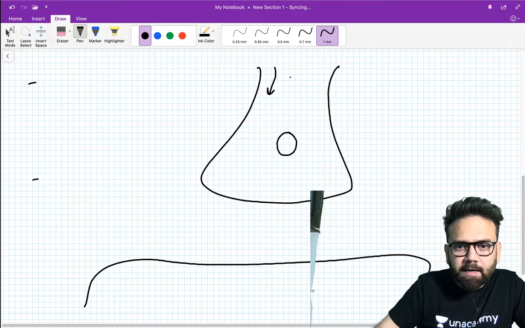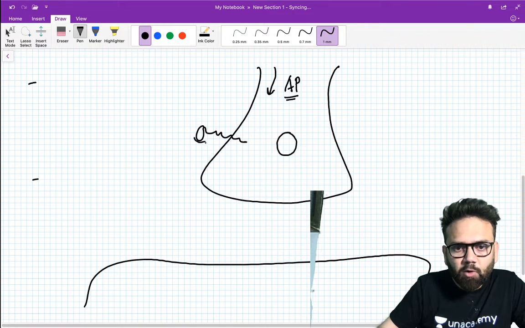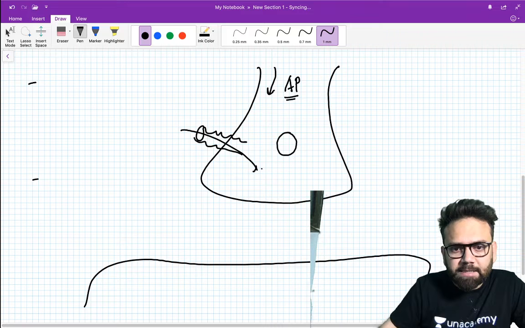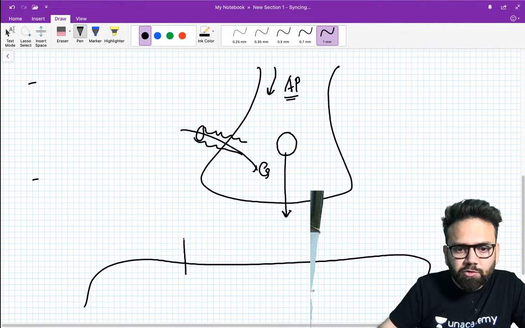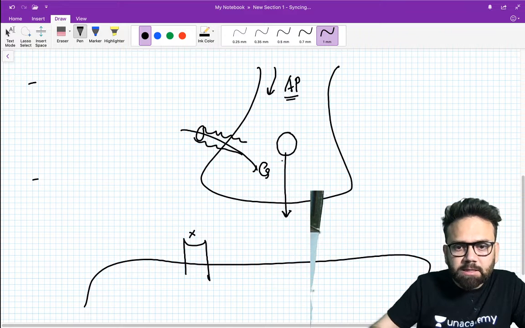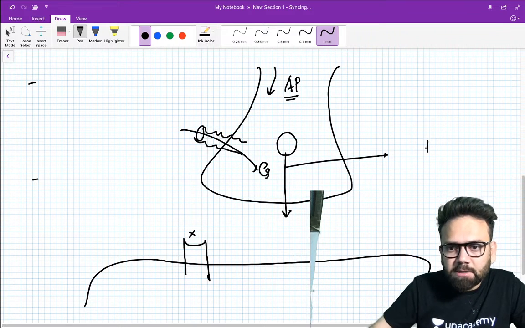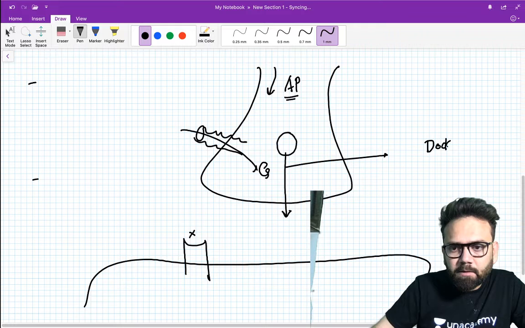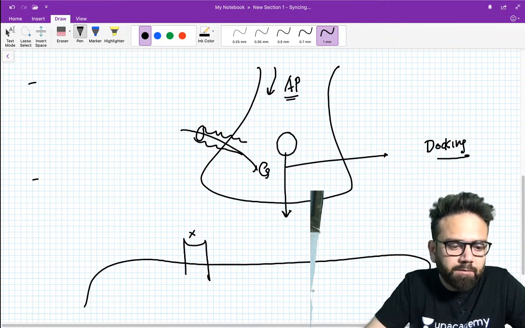In the neuron an action potential comes, and it causes opening of voltage gated calcium channels, and calcium will cause release of neurotransmitter. This process is called docking.